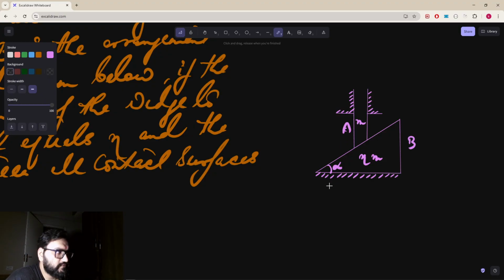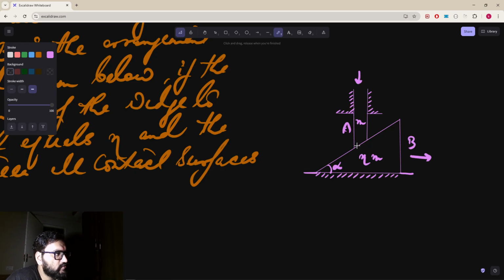Alright. So there are a few things which we will have to think about. Note that this rod is allowed to move only in the vertically downward direction, and this wedge is going to move in the rightward direction only. Why is that happening? Because this rod is constrained to move only downwards because of these two walls, and this horizontal surface has constrained the wedge to move only in the horizontal direction.